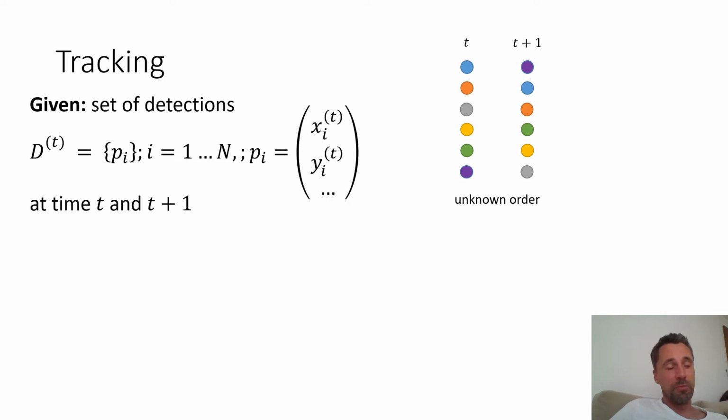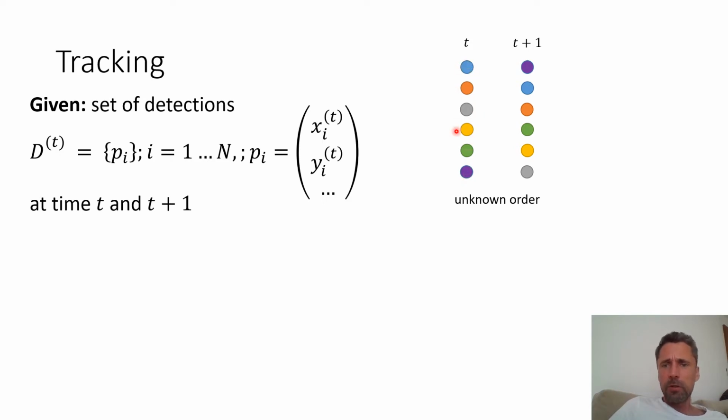Okay. So in your first exercise, you'll also find something that we haven't yet talked about, which is a concept or an operation called tracking. Tracking, let's just formally introduce you to that concept, is basically this task. Given a set of detections, and let's think of these circles here as positions on your image, but you kind of have them arranged in an array, and those colors now represent identities of your objects, okay?